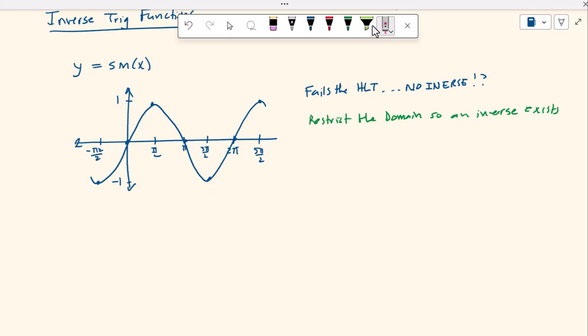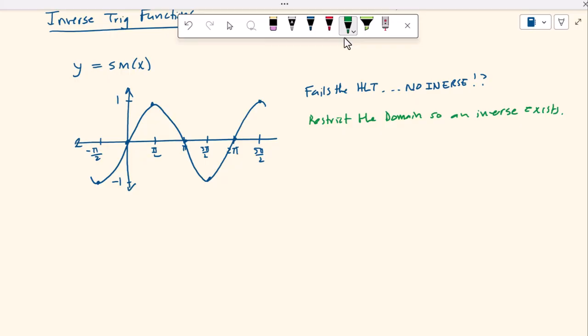So if we came over here, let's say 0 to pi, it doesn't pass the horizontal line test. But from here to here, it does pass the horizontal line test. So that's where my domain restriction is going to be. This is universally accepted to be the domain restriction for sine in order for its inverse to exist, because there's an infinite number of ones that I could choose from, but I'm choosing one that's close to the origin.